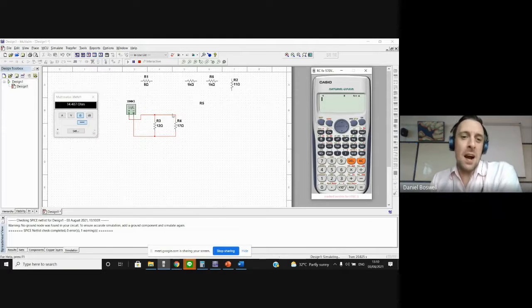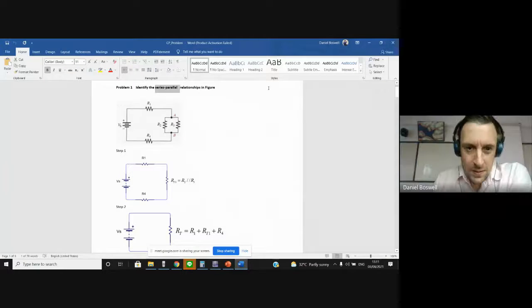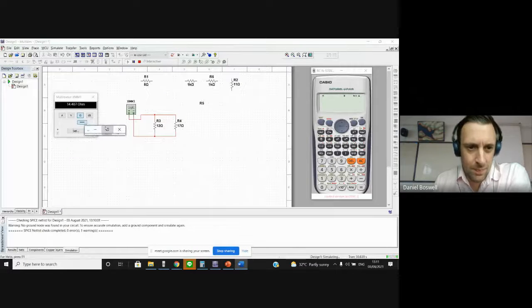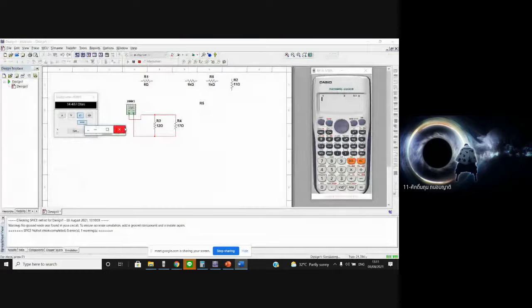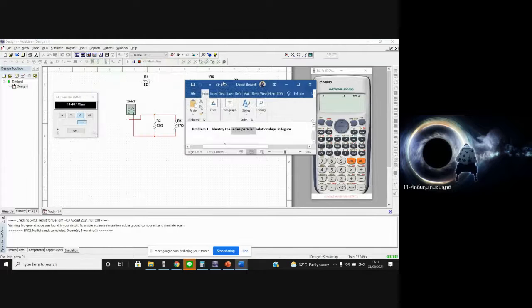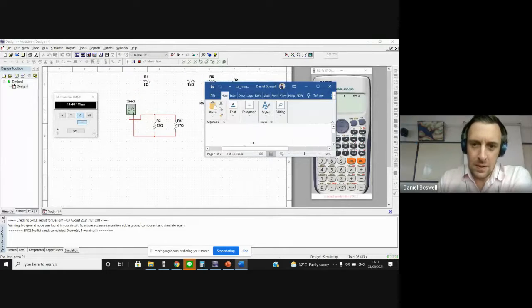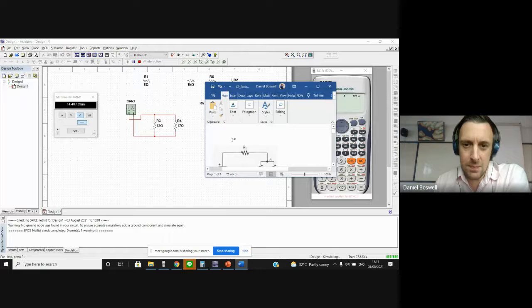Tell me how to find the equivalent resistance in this parallel circuit. It'd be easier if you could see this, you know. Okay. Let's try and do one where you can see it.